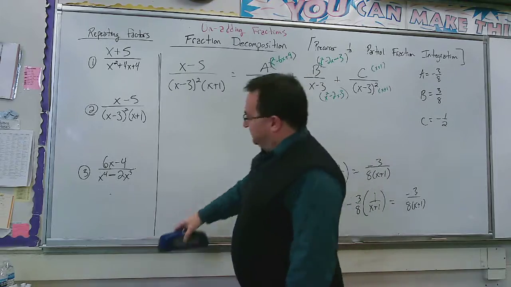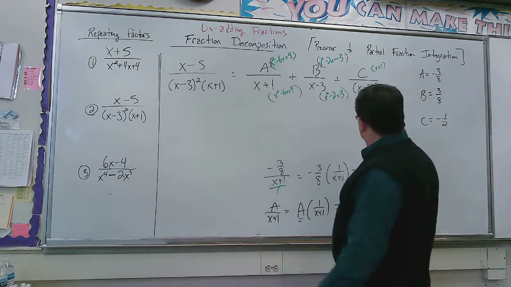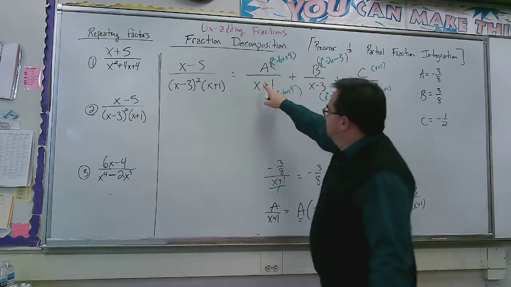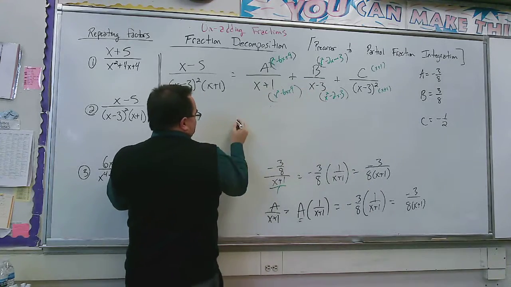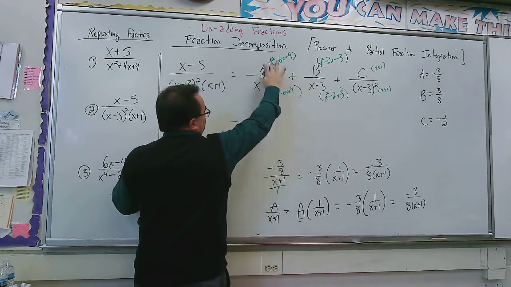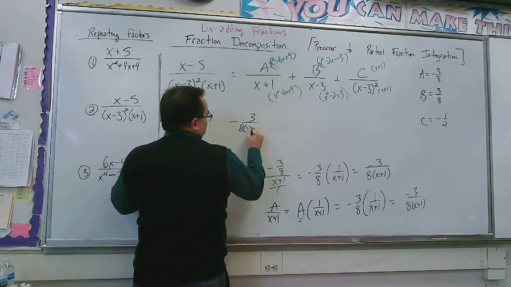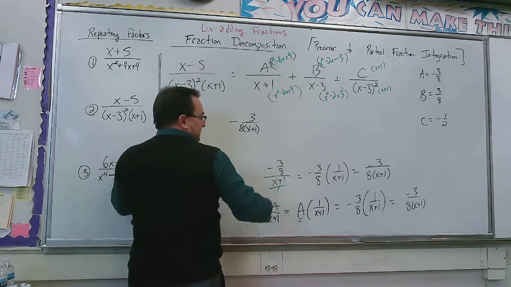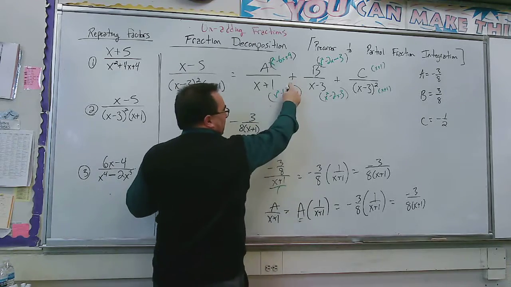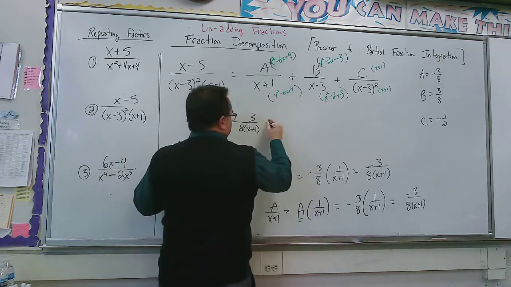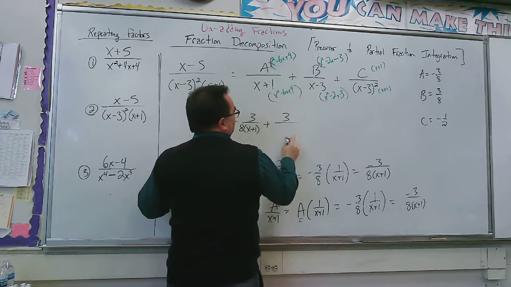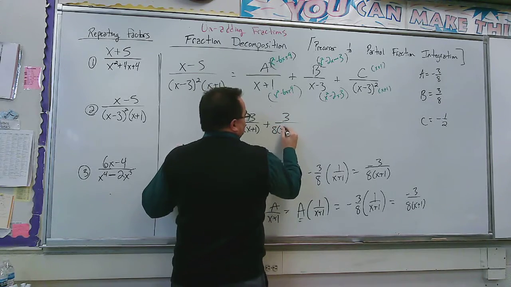It's much better if you're fluent with the fractions. So see this? The minus goes in front of the fraction, the numerator stays in the numerator, and the denominator is going to be down here. Why? Because that's why. Plus, b is 3/8. The 3 is going to stay in the numerator, and the 8 is going to go down in the denominator.